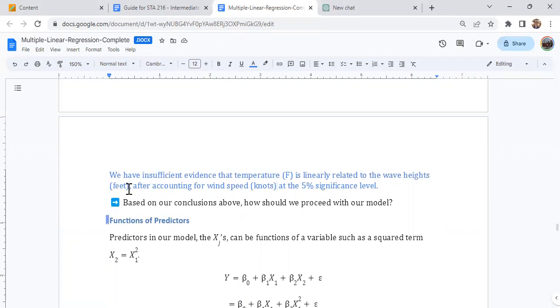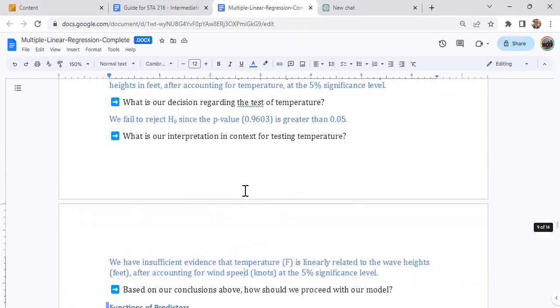It's important to add this part in the interpretation because it very well could be the case that if you fit a simple linear regression between temperature and wave heights, you might find the p-value to be small. That's possible. So this is only saying that after we account for what the wind is, temperature is not telling us much about what the wave heights will look like.